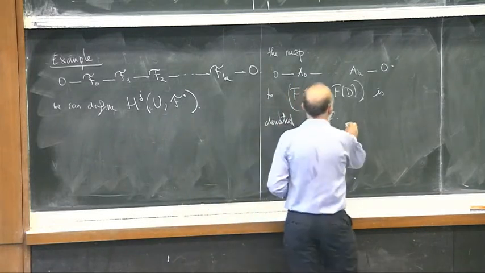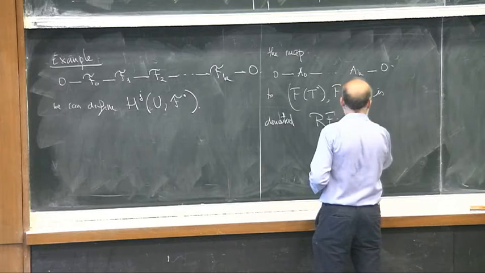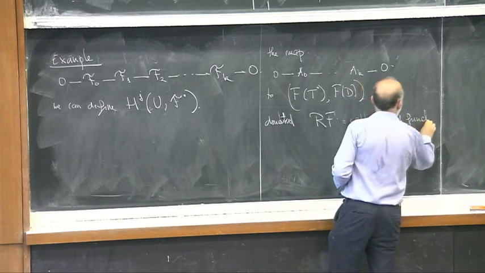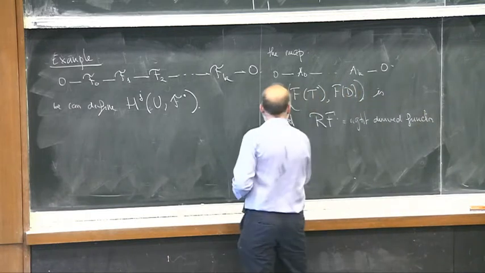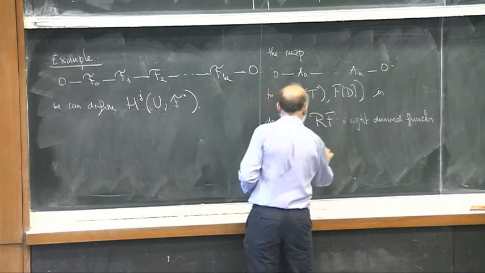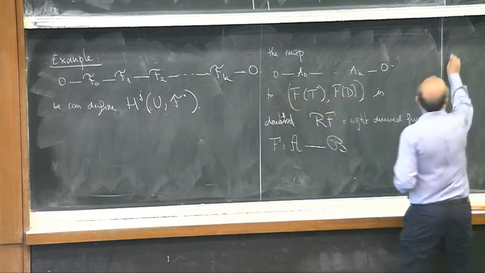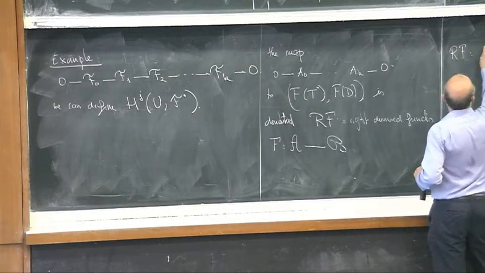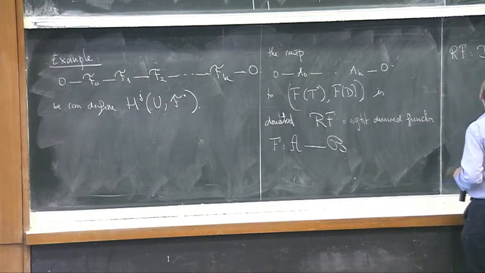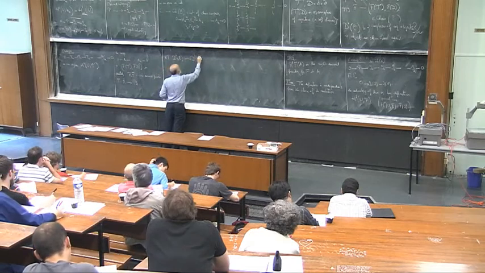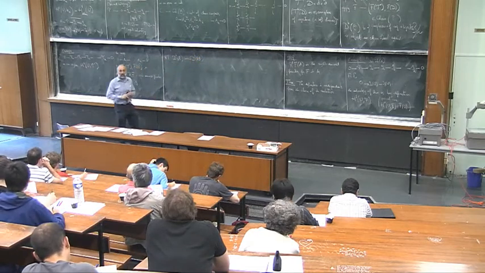So this is the right derived functor. So if f is a functor from an abelian category A to an abelian category B, R of f is a map from the derived category of A to the bounded derived category of B.